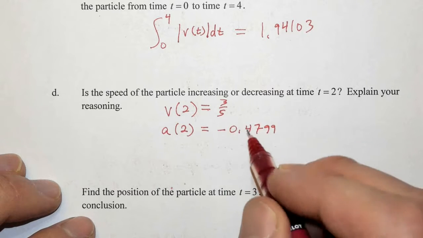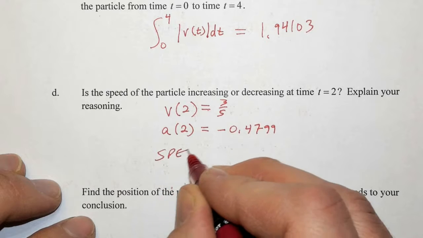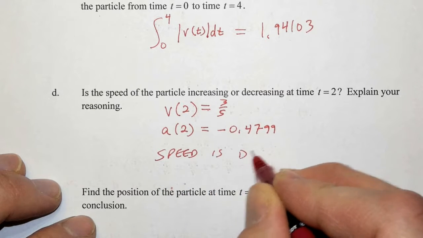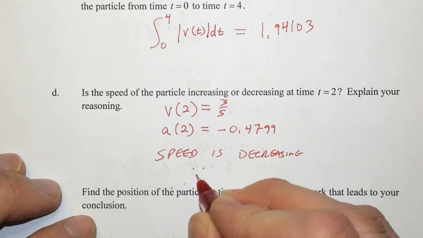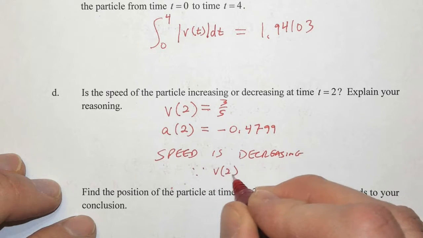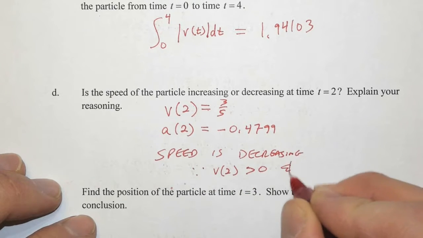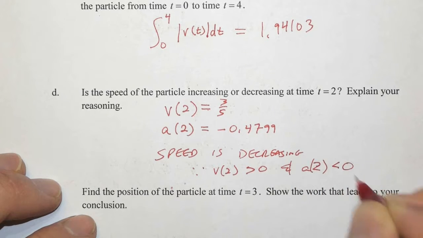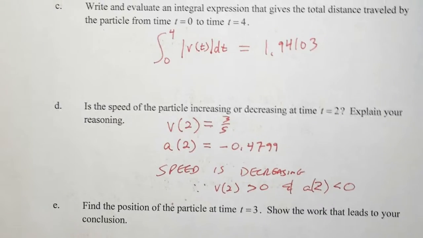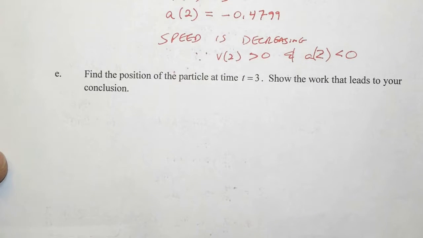One is positive, the other is negative, so speed is decreasing. And the reason why speed is decreasing is because v of 2 is positive and a of 2 is negative.